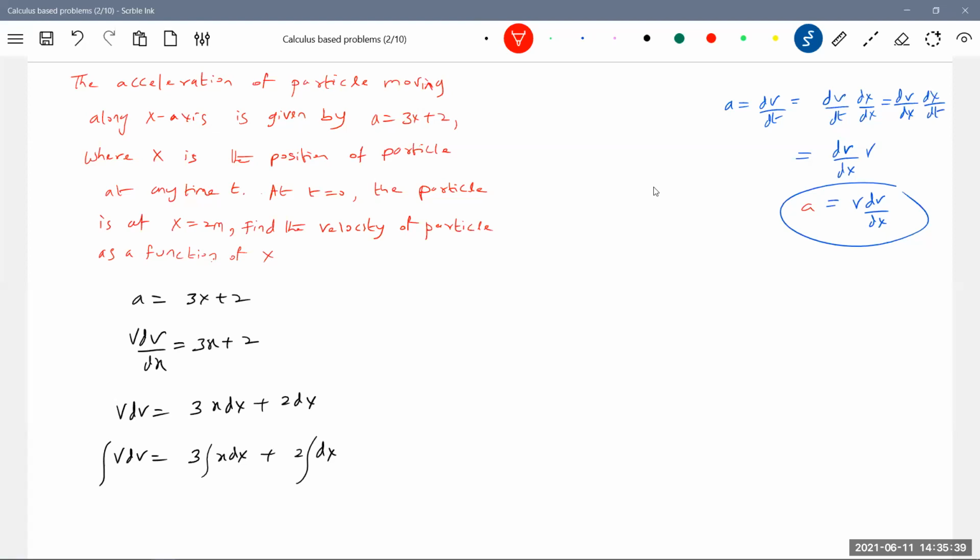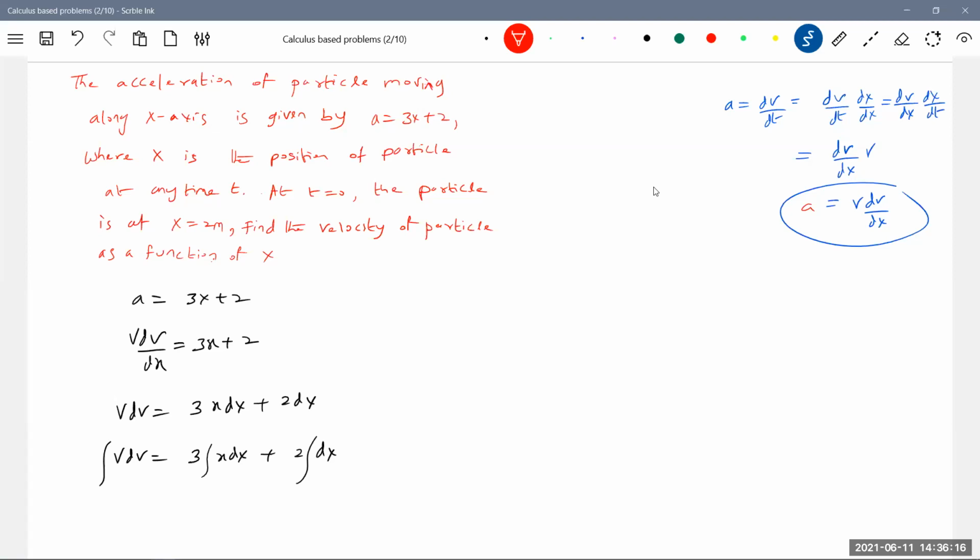I think read once again the sentence clearly. At t equals 0, the particle is at x equal to 2 meter. Only that much of information is what we have.